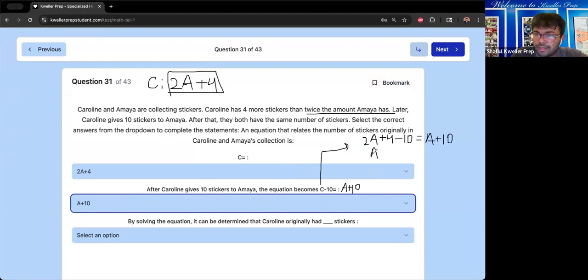So subtract a. 4 minus 10 is negative 6, a equals 16. Did I do that correctly? 2a plus 4 minus 10 is equal to a plus 10. So subtract a, negative 6. a is equal to 16. 2a plus 4. So Caroline originally had how many stickers?